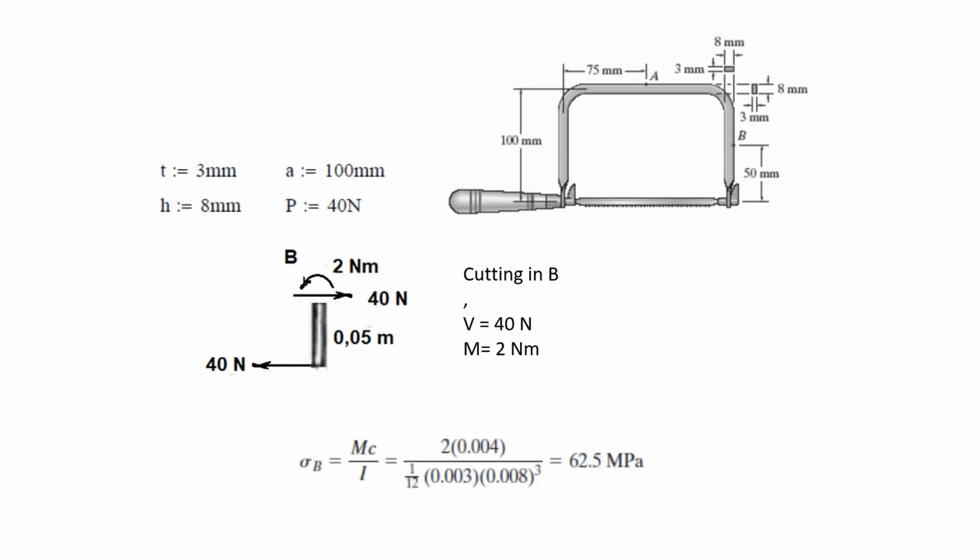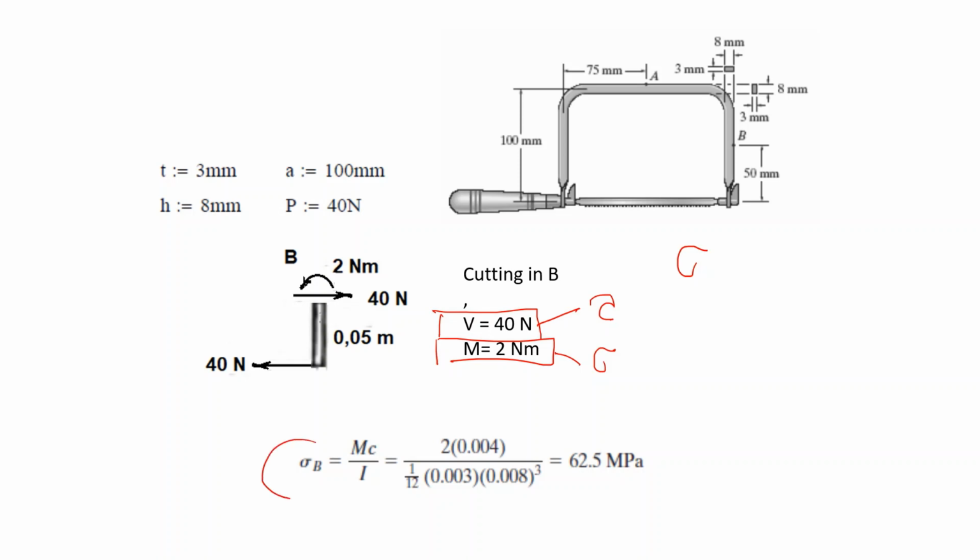I have to calculate first the sigma. What do I have? I have a bending moment and the shear force. This shear force will create a shear stress, and the bending moment a normal stress.